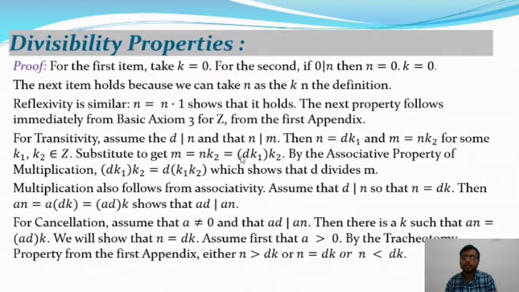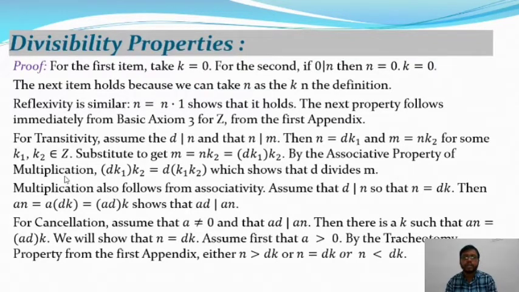Since k1 and k2 both are integers, applying the associativity property of multiplication, we get dk1k2 equals d into k1k2, where k1k2 is in brackets, which shows that d divides m, where k1k2 is an integer. So from the definition of divisibility, d divides m. This is the proof of the sixth property, that means transitivity.